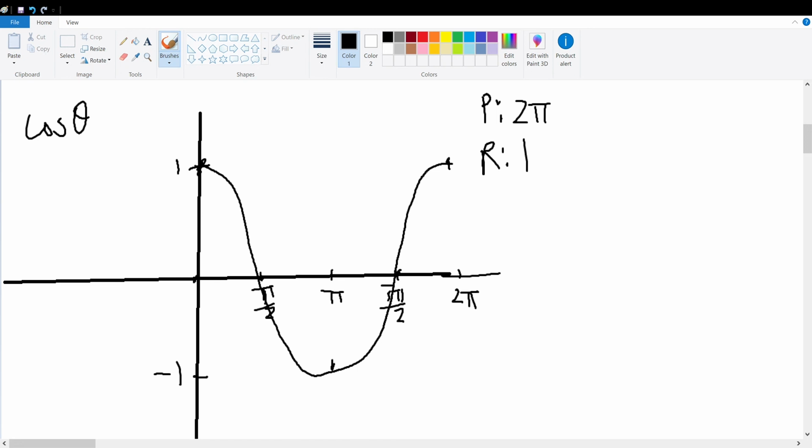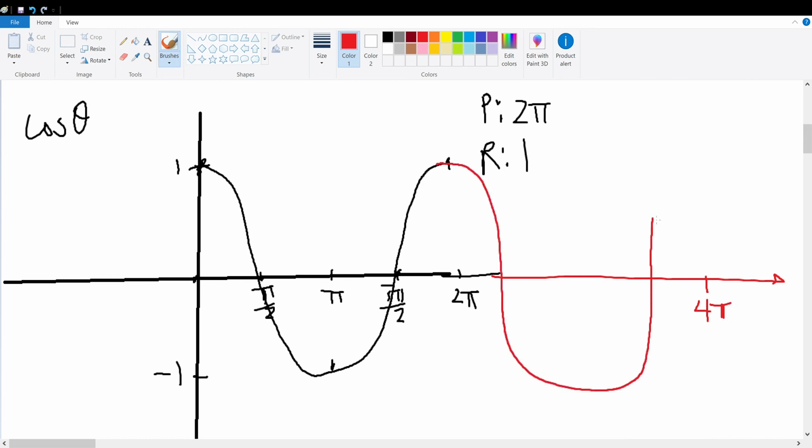And so if you're going to redraw it, extending this to 4 pi, it will repeat itself. Now this is poorly drawn, but you get the idea. And it's important to note that this is a very simplified version of drawing the cosine function, as we have skipped other points within the cosine, which if you keep on graphing it out will be more precise. But for the sake of this video, this will do.